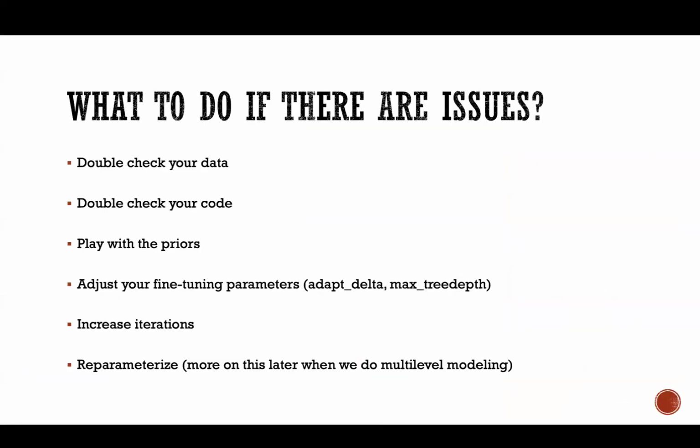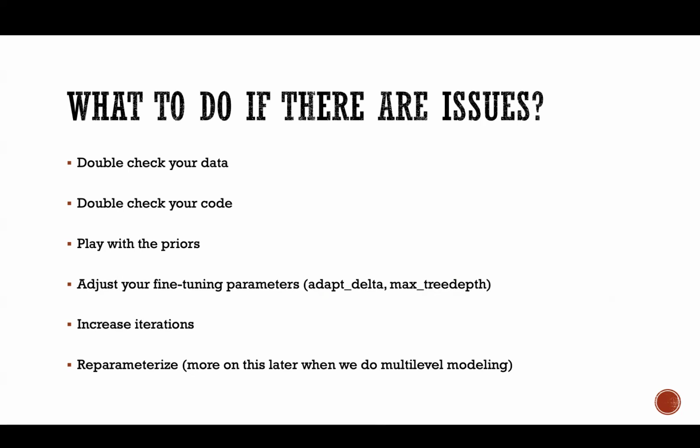Good. So what you do if there are issues, the first thing you need to do is double check your data. I mentioned before that I was trying to look at a reinforcement learning model. And when I was loading the data, for whatever silly reason, I have no idea why, the trial order got shuffled. And the model kept giving me wrong results or divergences.